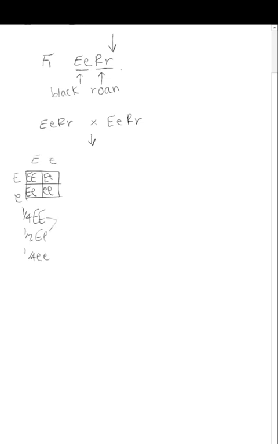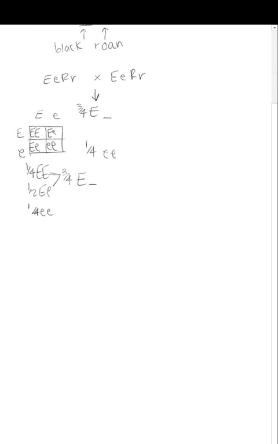So since both of these have at least one big E, they'll make the animal black. So we can just combine these to 3/4 big E dash, and this dash just means it can either be a big E or a little e. So let's start working through our problem. So we'll get 3/4 that are big E dash, and then 1/4 that are little e.